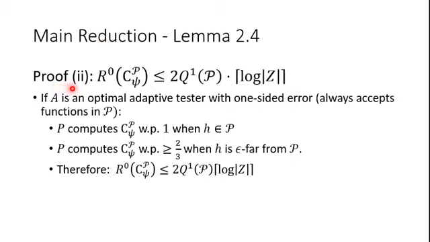So now we are ready to move on to the proof of number 2. Given the proof that we have just seen, this is going to be pretty straightforward. The only difference is that we have one-sided errors in this case.